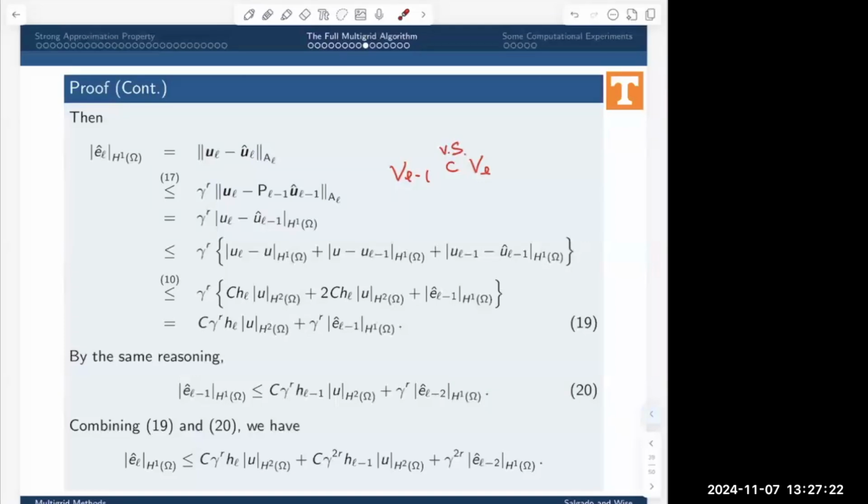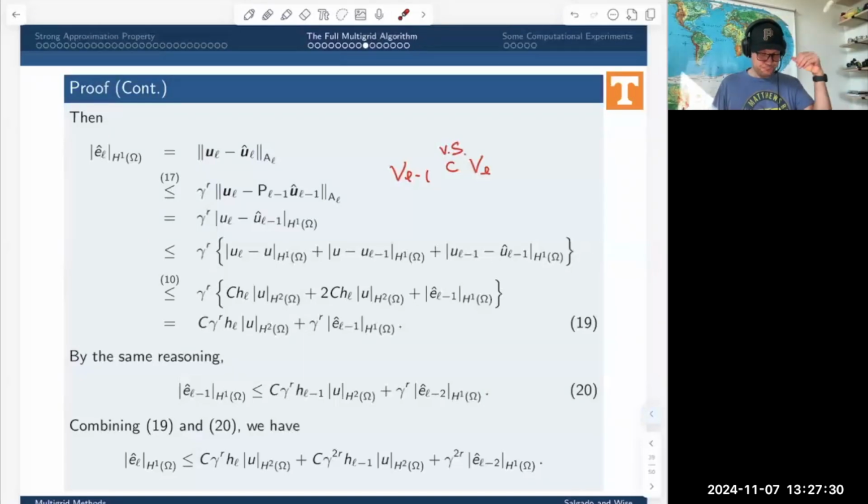Are we just applying an induction argument, or can we directly use the discrete Gronwall inequality? Let's see. I don't think we need to use Gronwall.